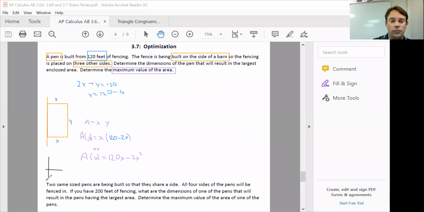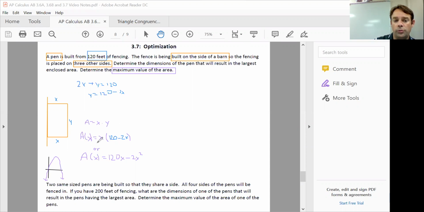I'm not dealing with the full domain because this graph's going to come up, it's going to cross the x-axis, and then it's going to come back down. I'm not dealing with those values below the x-axis. I'm only dealing with values above the x-axis. In other words, this is a closed domain. So I'm going to be only between those x-intercepts.